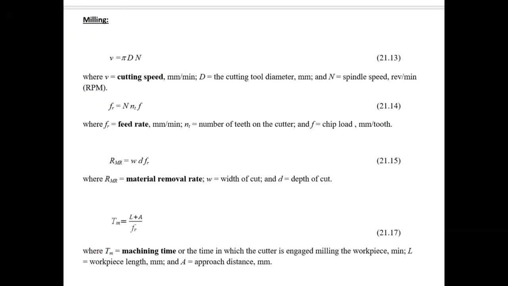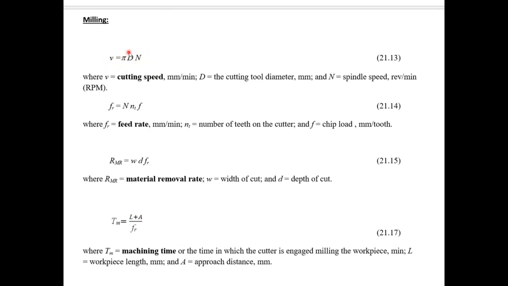We've got a number of equations on milling. A brief explanation on these equations. An equation up here which is relating cutting speed V to the spindle speed. Cutting speed is the distance traveled on the surface of the workpiece by the tip of the cutting tool. Spindle speed is the rotational speed of the spindle. So these two are not to be confused with one another.